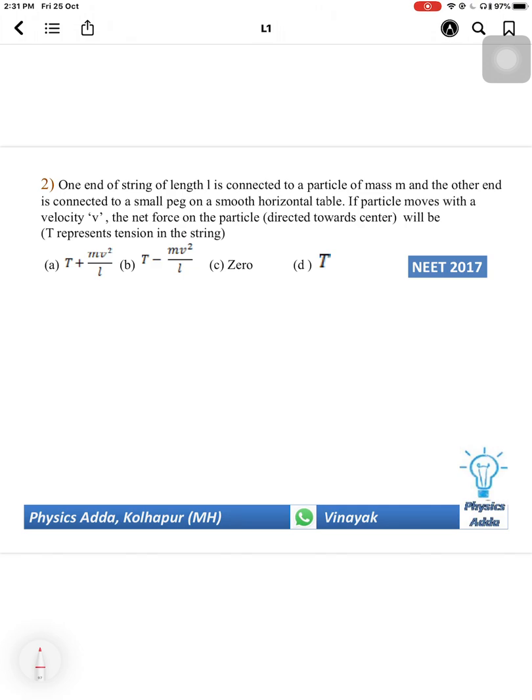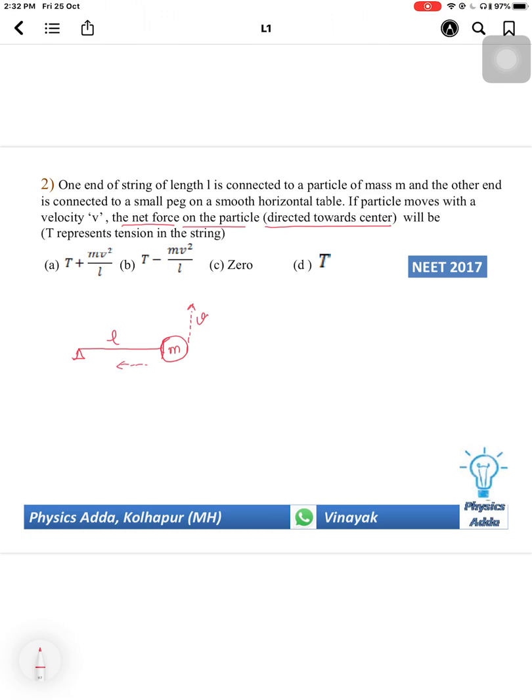I'm having a table and there is a peg on the table and a string of length L is attached to the peg, and at the other end there is a particle of mass M. So here is a particle of mass M. So if this particle moves with velocity v, I need to find the net force on the particle directed towards the center.